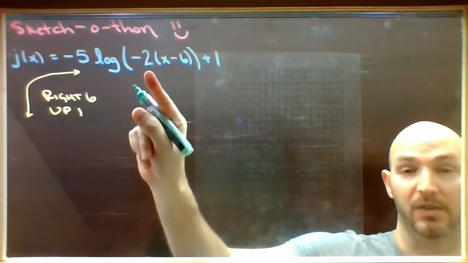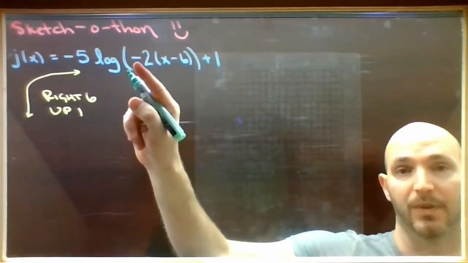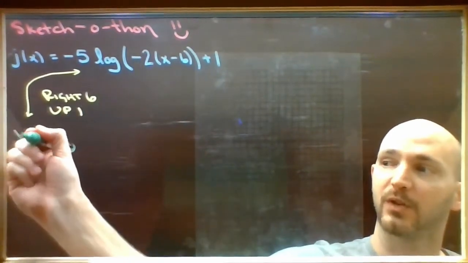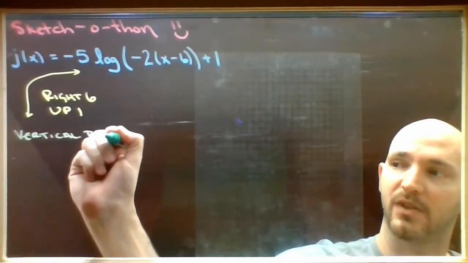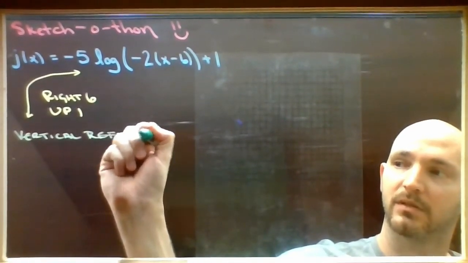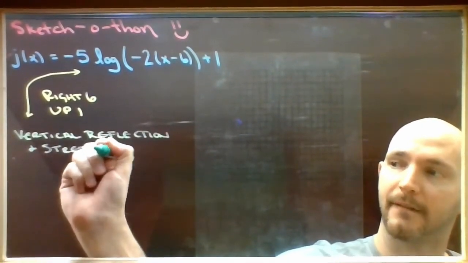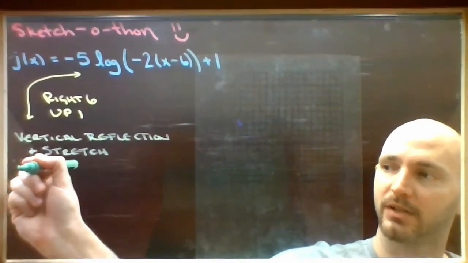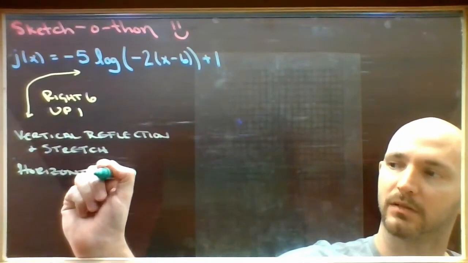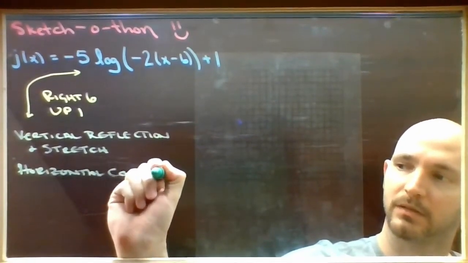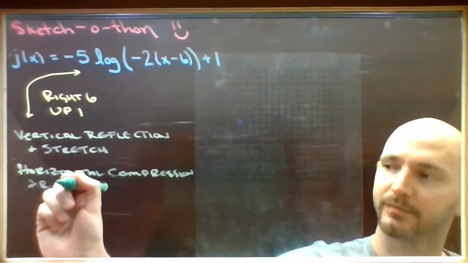I have a horizontal compression because the x's are twice as effective, also with a reflection. So I'm going to have a vertical reflection and stretch, and a horizontal compression and reflection.